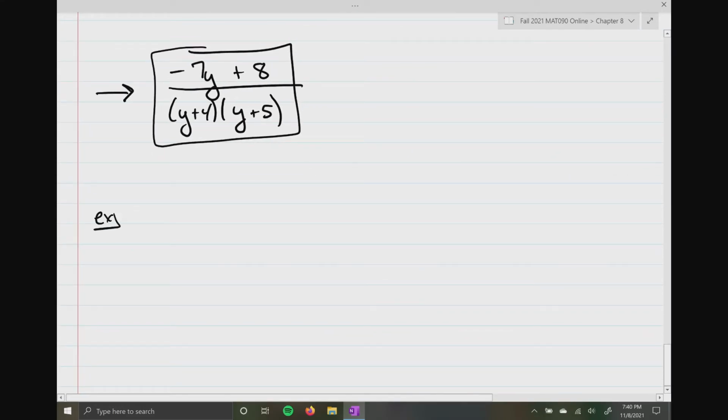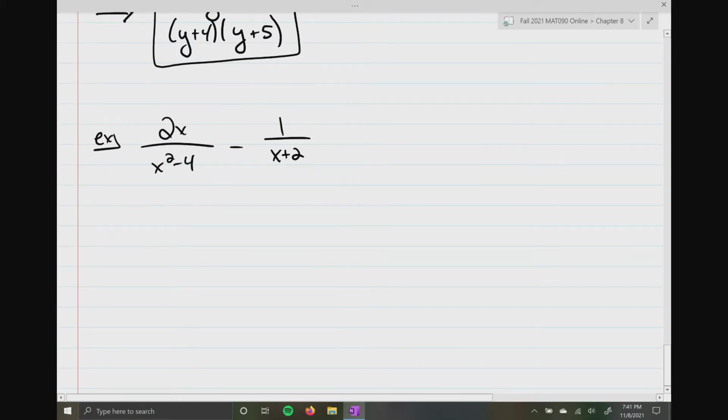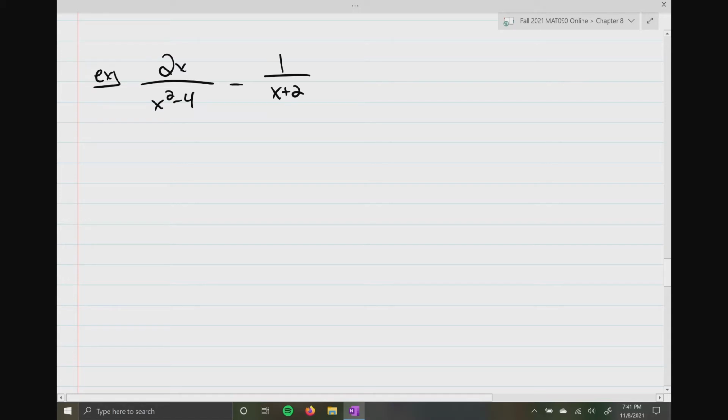So here's our next example. We've got 2x over x squared minus 4 minus 1 over x plus 2. Okay? So step 1, let's go ahead and factor. Let's find that LCD. So x squared minus 4 is a difference of squares: x plus 2 times x minus 2.